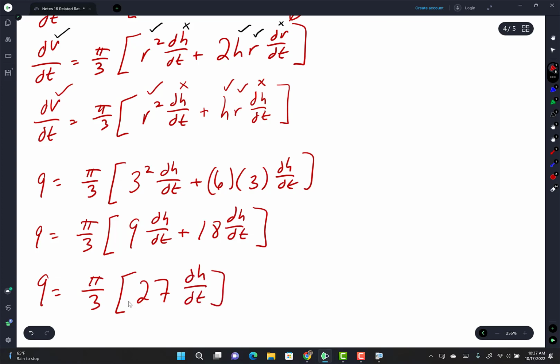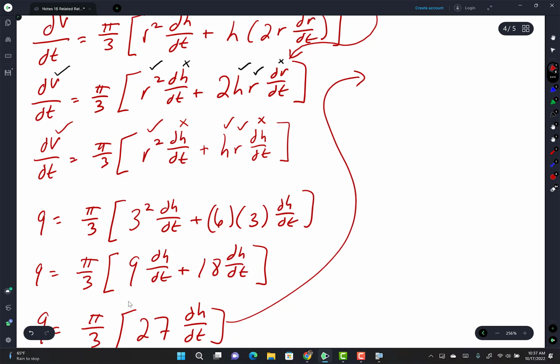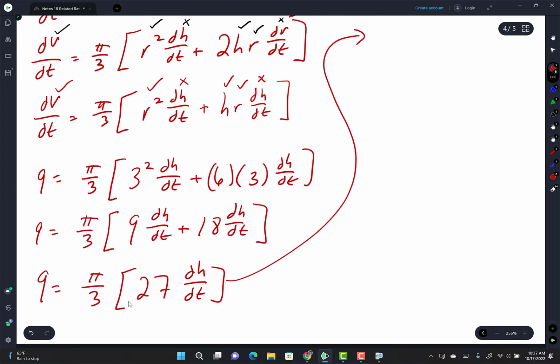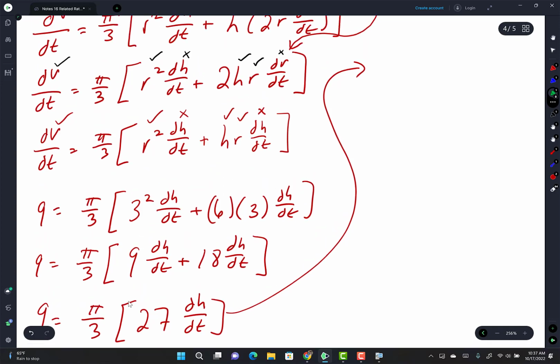3 goes into 27 how many times? So I have 9 equals 9 pi dh dt. And then to get dh dt by itself, divide by 9 pi. So 9 divided by 9 pi, the 9's cancel out.